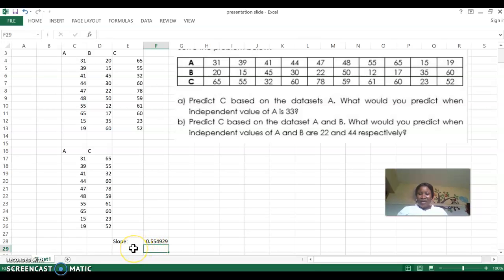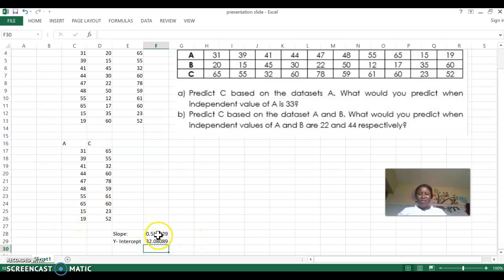Now the second thing I'm going to do is calculate my y-intercept. I'm going to use the same procedure: equals intercept, parentheses, highlighting the same values, C with a comma, then A, then close up my parentheses, enter.